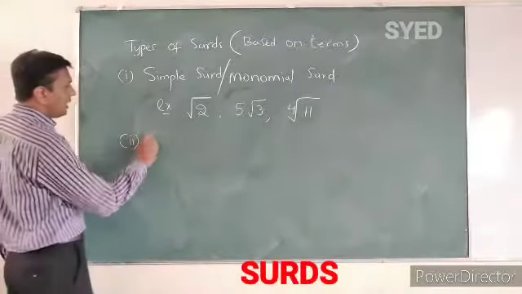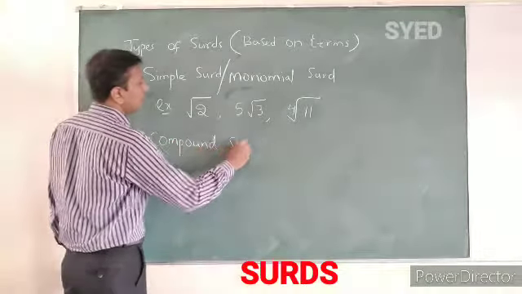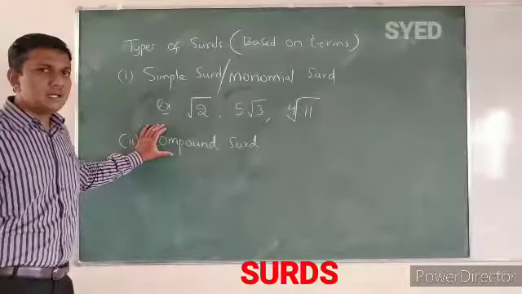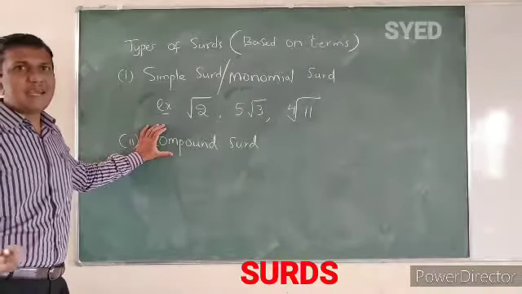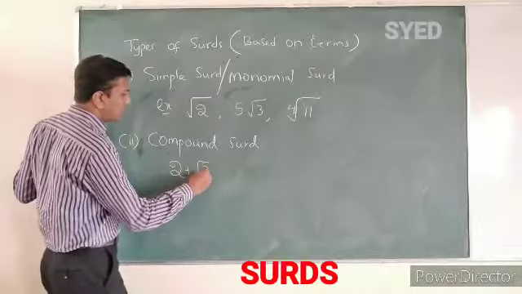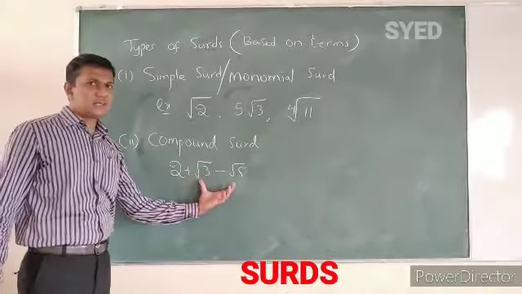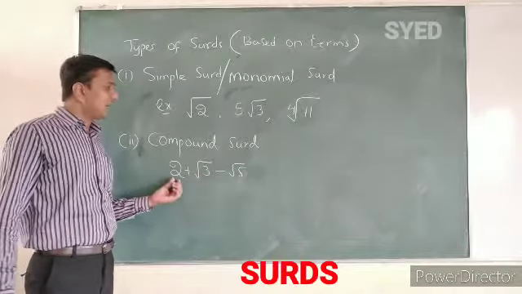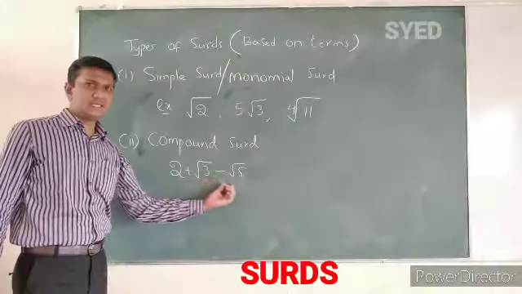Next one, we have compound surd. Now in this compound surd, two or more surds, two or more real numbers. That means if you take 2 plus root 3 minus root 5, here two or more surds are there, which are in basic operations like addition and subtraction.